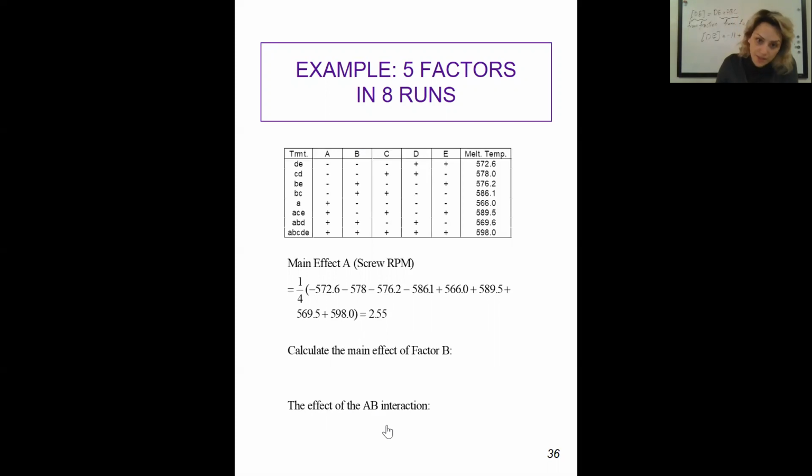And the effect of the AB interaction, the final answer should be 0.1. What you are going to do is have another column here, A times B, then negative and positive, and then just get the average of the positive ones minus the average of the negative ones. Or you can say the contrast divided by the divisor, and you can find it.